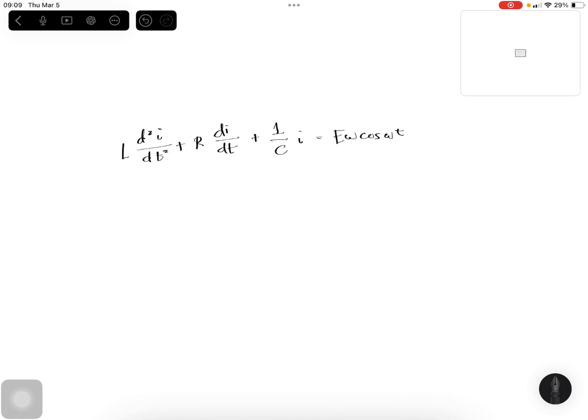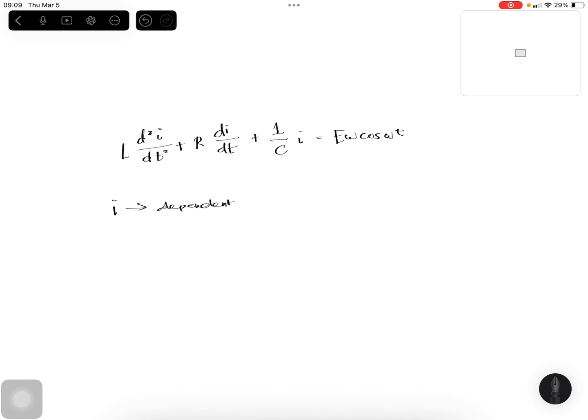In this case, ang dependent variable is I, dahil yung I ay derivative, meron nag-occur yung derivative niya with respect to t in this case. At isa pa, yung second derivative ng I with respect to time. So, definitely I is our dependent variable.